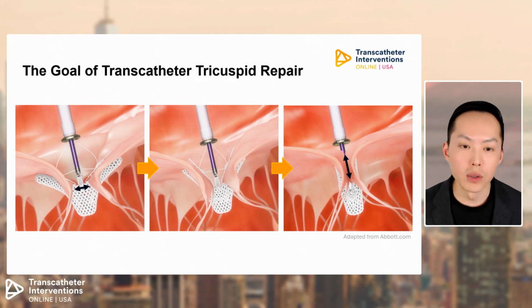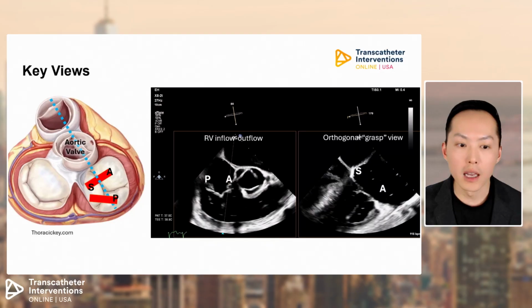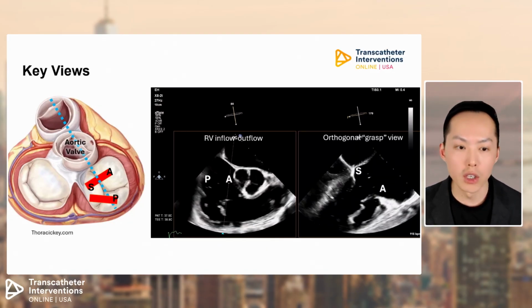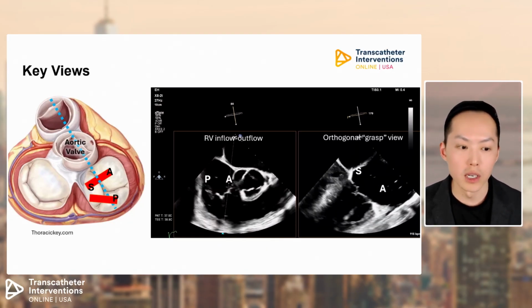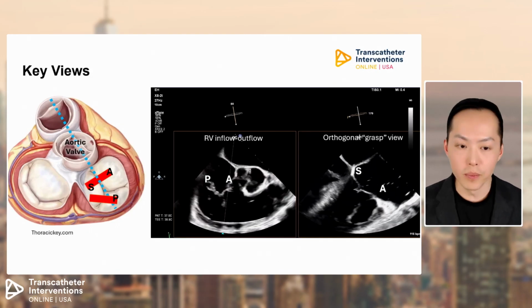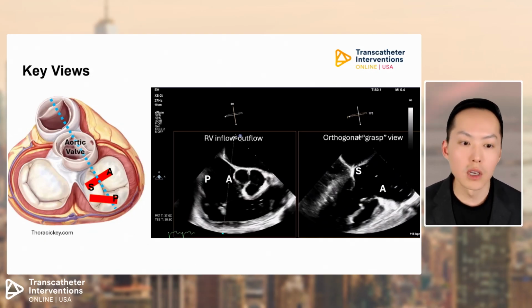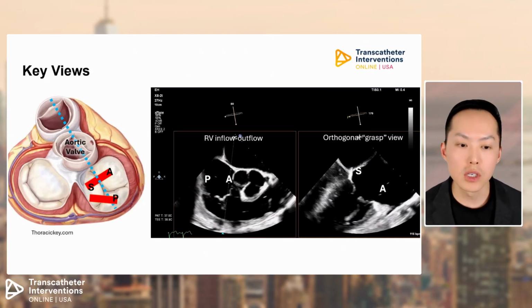Before we do the full case walkthrough, I want to go over some of the key imaging views. You heard that this is an imaging and echocardiographically guided procedure, so I want to make sure we're all on the same page with everything we're going to be looking at over the next couple of slides. There are two key views that we think about for these procedures.